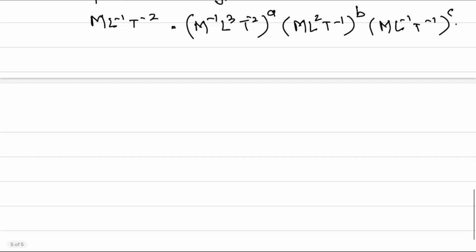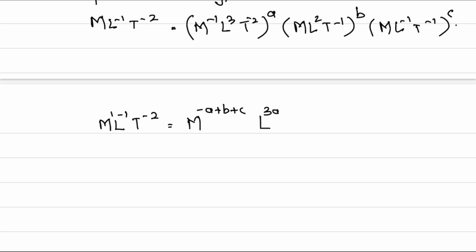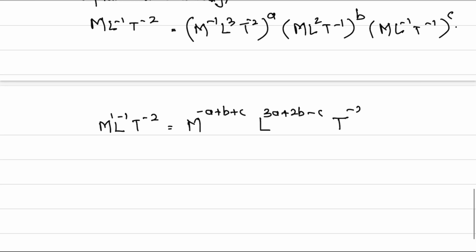That implies, let us write here and expand it: M to the power of 1, L to the power of minus 1, T to the power of minus 2 is equal to M to the power of, all powers of M we add, minus a plus b plus c, L to the power of 3a plus 2b minus c, T to the power of minus 2a minus b minus c.